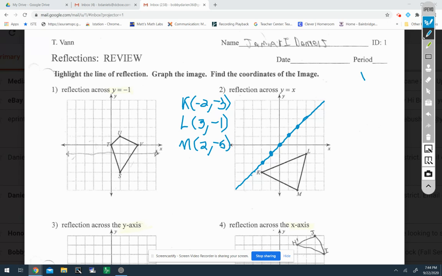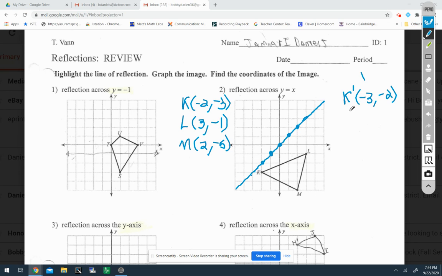The way you go about doing that is you look at y equals x, and you take a look at your coordinates, and you just switch them. K is -2 and 3. So if we change it around and put the 3 first and then the -2, then we can call this K prime.